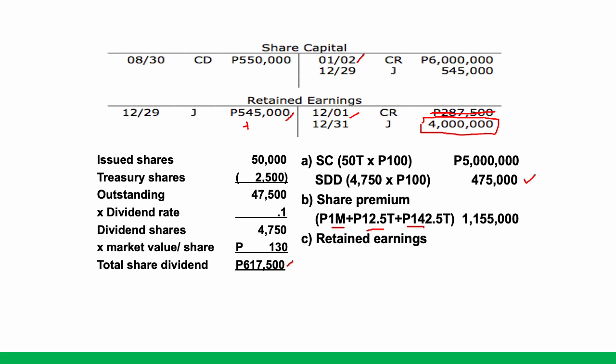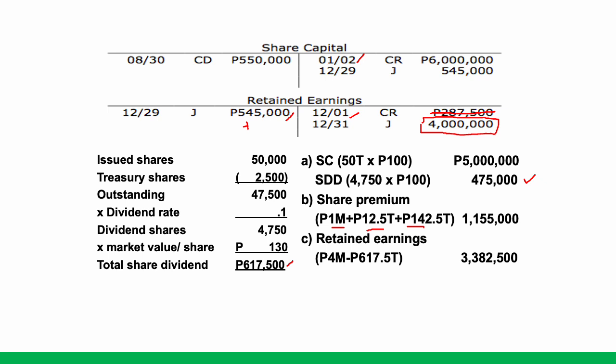So therefore, the only correct entry sa RE is yung credit na 4 million less yung 617,500. So adjusted balance ng retained earnings is 3,382,500. So requirement 2, letter C, 3,382,500 pesos.